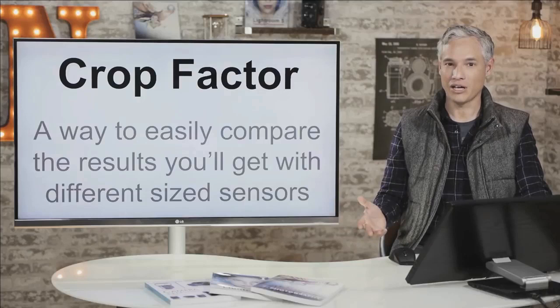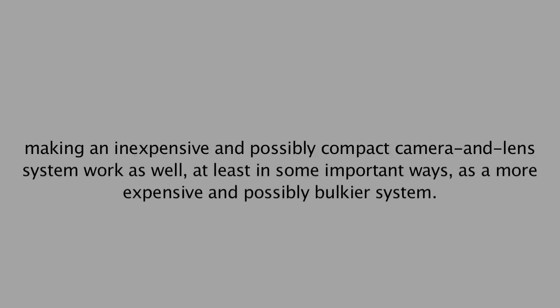A lot of it has to do with how a number of camera companies at least used to mislead their potential customers in their advertising, and how something called crop factor can help consumers with that and with basically making an inexpensive and possibly compact camera and lens system work as well, at least in some important ways, as a more expensive and possibly bulkier system.